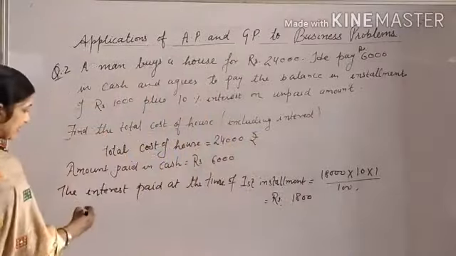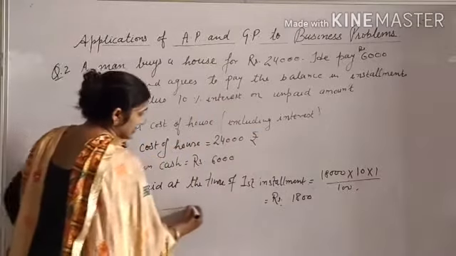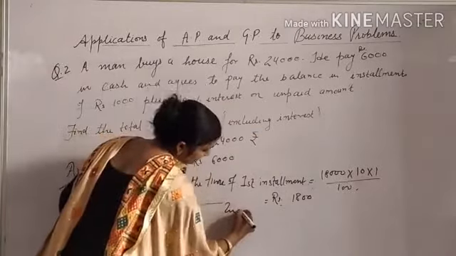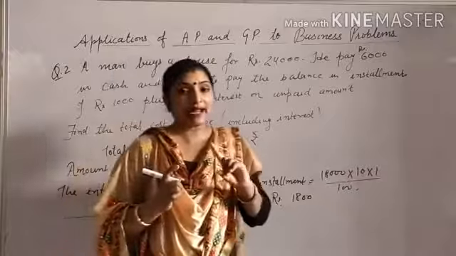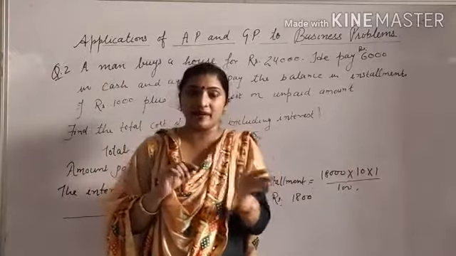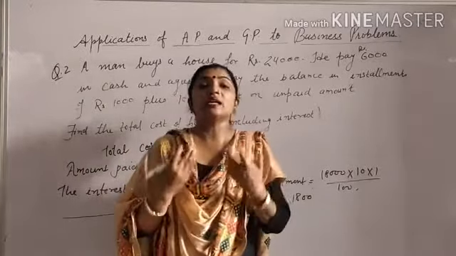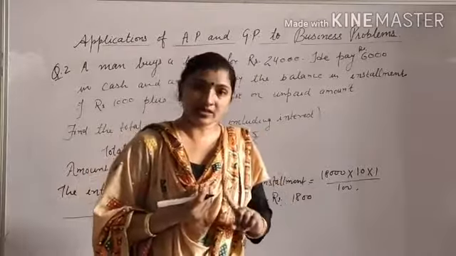Now the interest paid at the time of the second installment. He paid 1,000 rupees at the first installment, so the unpaid amount is 18,000 minus 1,000, which is 17,000.